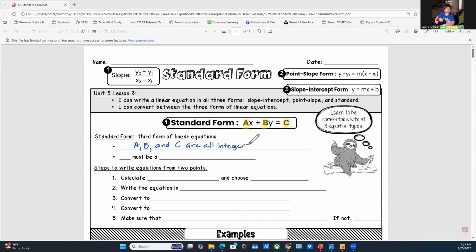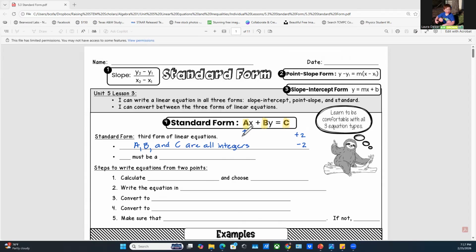Let's remind ourselves what an integer is. An integer is a number that does not have a decimal, and you can have a positive version, like positive 2, and a negative 2. Those are integers. So all of these are going to be some sort of integer. There is a little asterisk we have to add to this one.